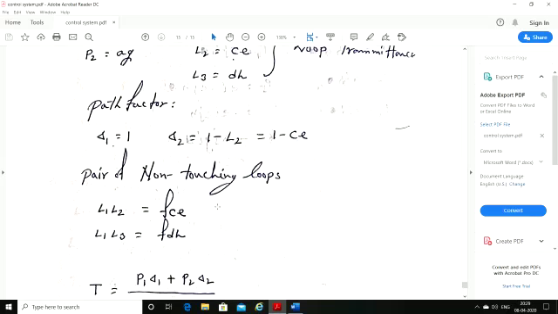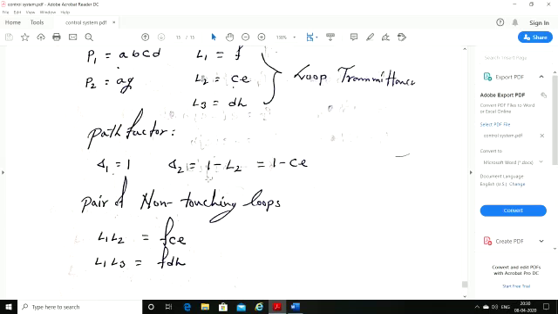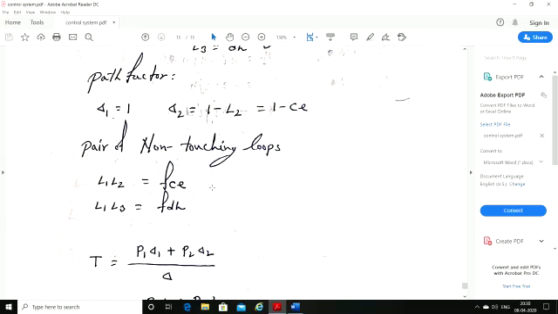These are the path factors. Here is the pair of non-touching loops. There are 2 pairs of non-touching loops. We can see that DH and CE touch each other, but CE does not touch F, and DH also does not touch F. So we can write there are 2 non-touching loop pairs: FC and FDH.